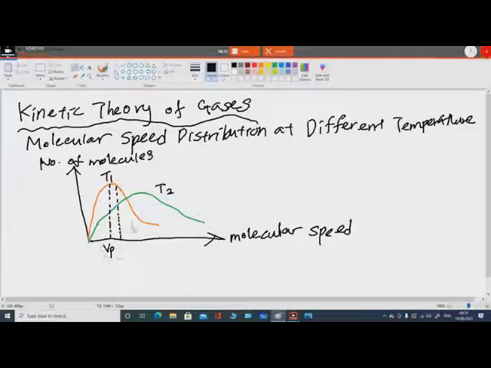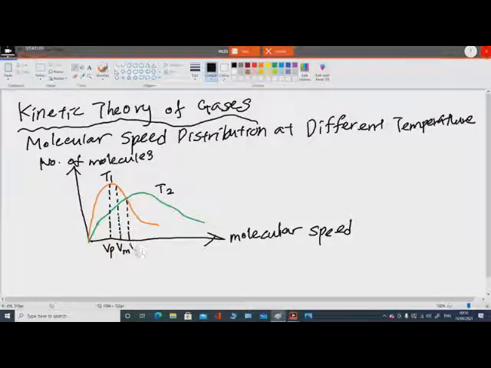This is the mean speed. And finally here is the root mean square speed.